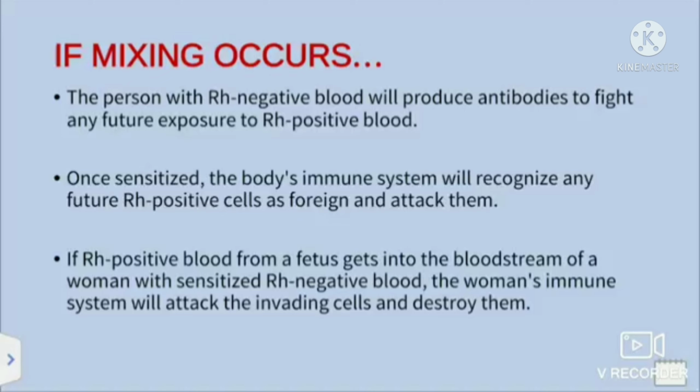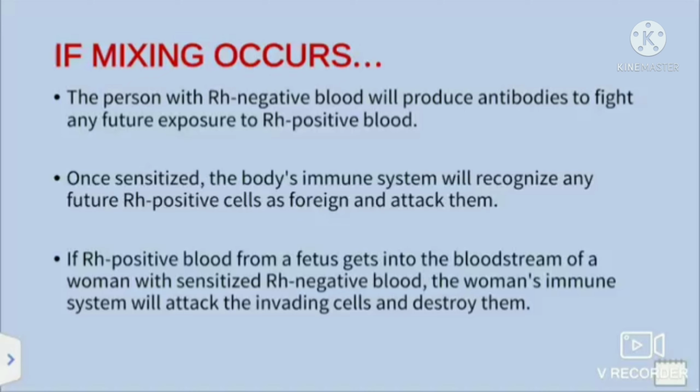So if the blood gets mixed, the body of the mother will produce antibodies against RH positive blood. In future, if there is any encounter with RH positive blood again, these antibodies will attack the RH positive RBCs.